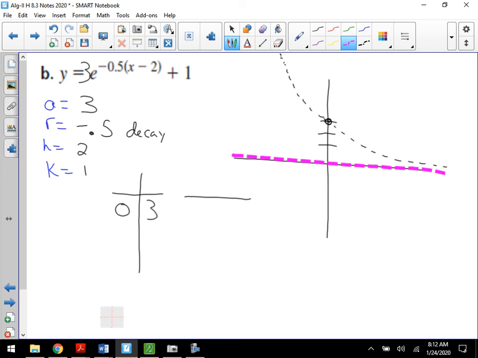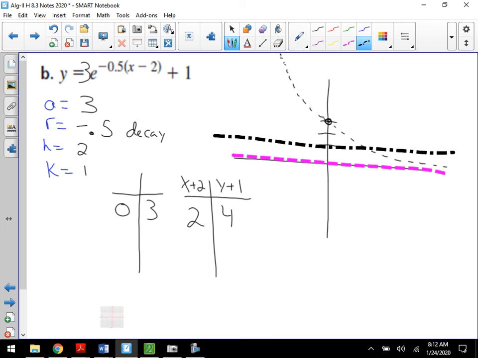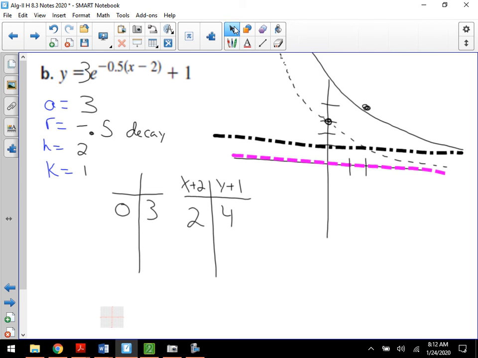So there's your shift. Where's your new asymptote? 1. The new horizontal asymptote would be at 1. And the ordered pair there. I'll just make the dot bigger.